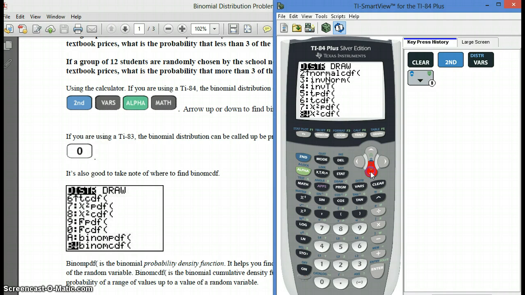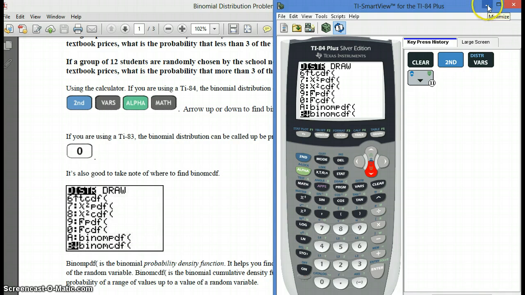And what we're looking for is binom PDF. So there's binom PDF, and we'll also be using binom CDF. I believe if you're using a TI-83, option 0 is binom PDF and option A is binom CDF. But I'm using a TI-84. If you just toggle through the window every time you do second vars, you'll get to the distribution that you need. So you get to this window here.